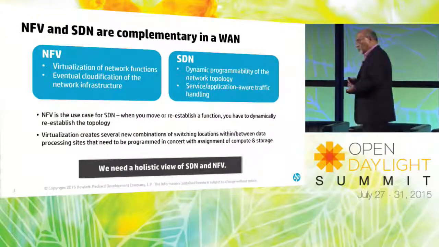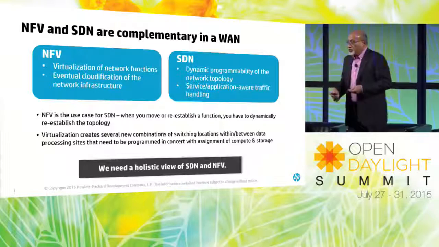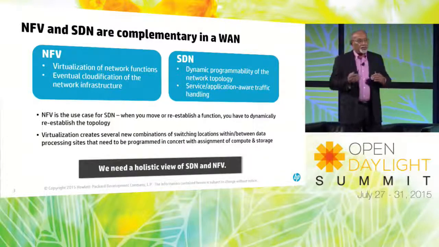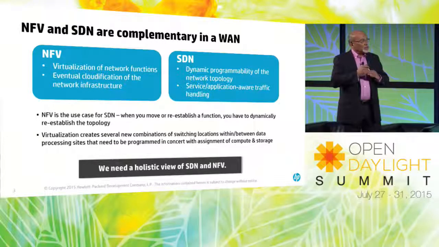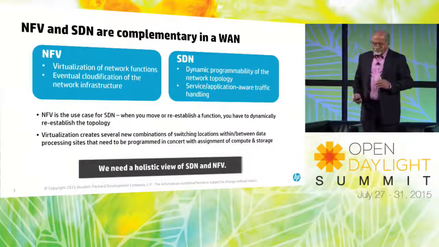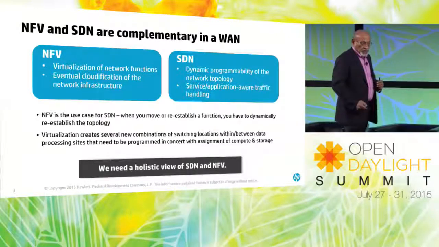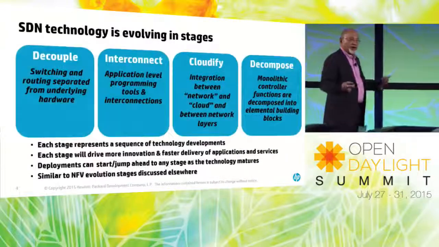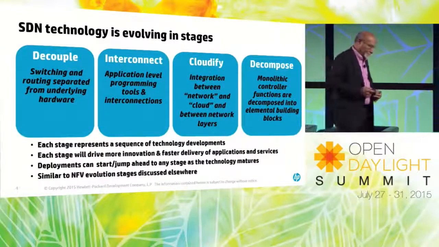And so you need a way to be able to, I'll use the term, orchestrate these in a way that is synergistic. So we need a holistic view of SDN and NFV.